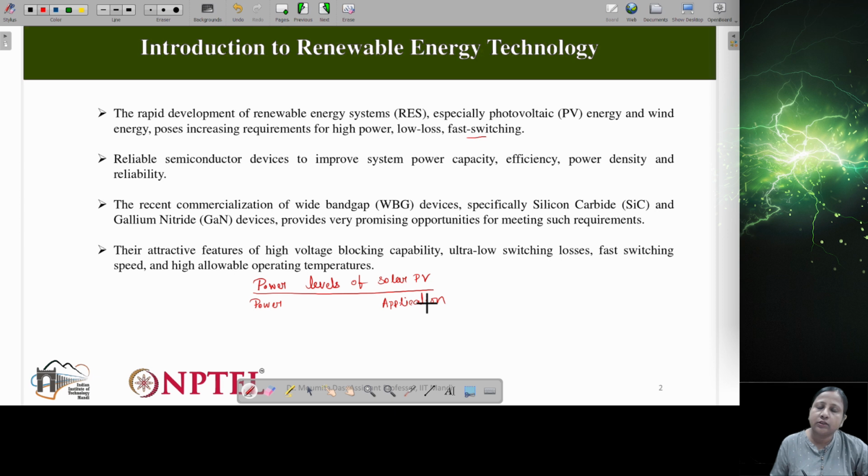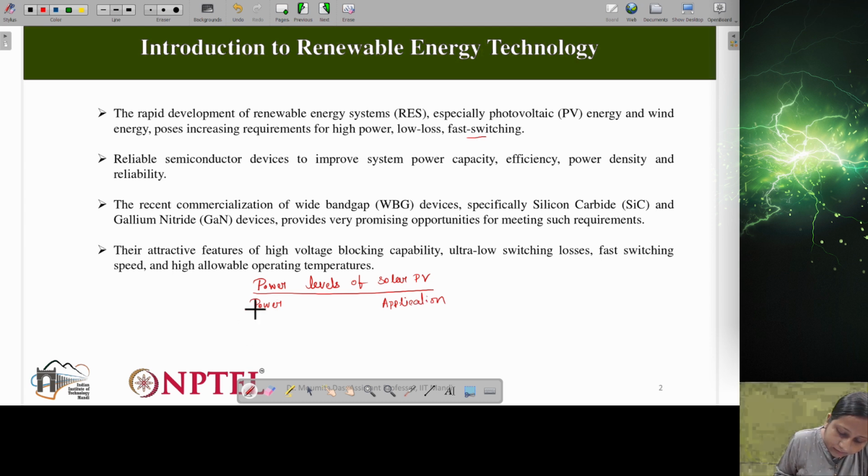The minimum power level we need to consider, other than a single solar PV connected to light applications, is less than 10 kilowatts, right?